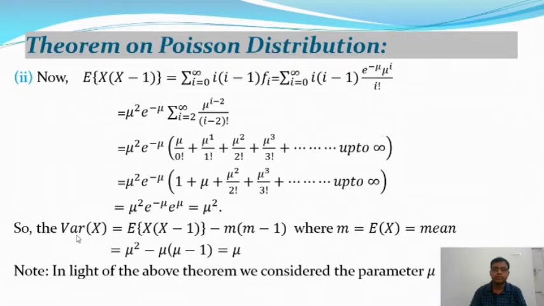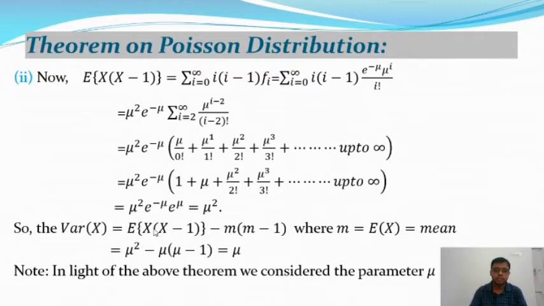So therefore, from the properties of the variance function, the variance of x is equal to the expectation of x into (x minus 1) plus m minus m squared, where m is the expectation of x, that means the mean. And I have already found in the previous slide that the expectation of capital X is actually mu.